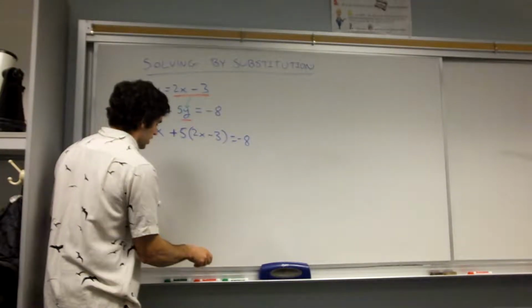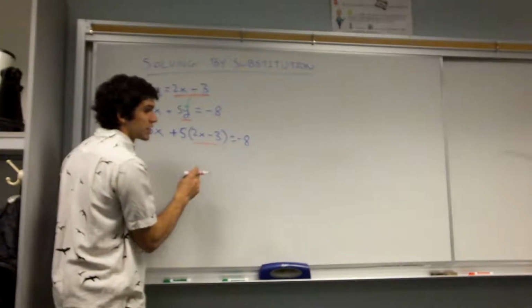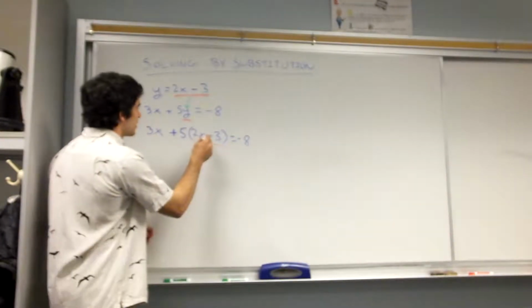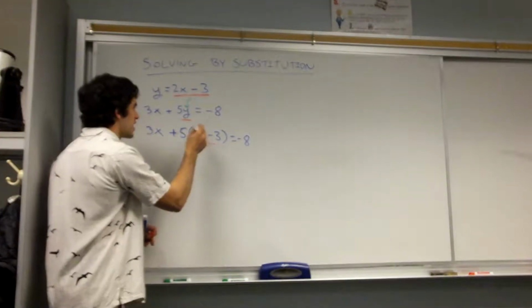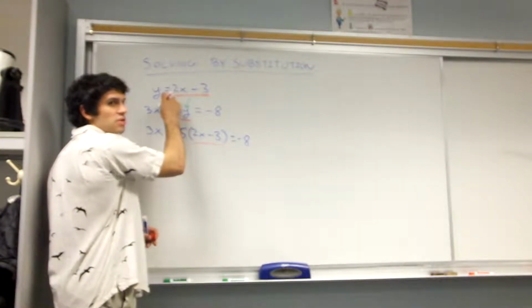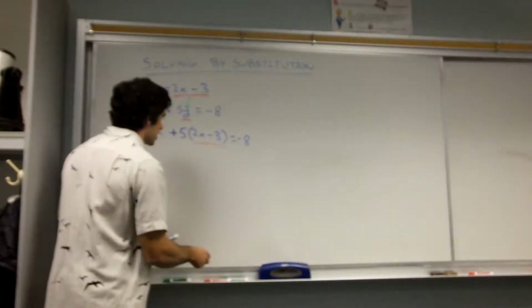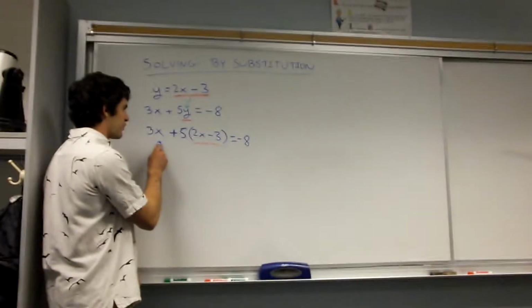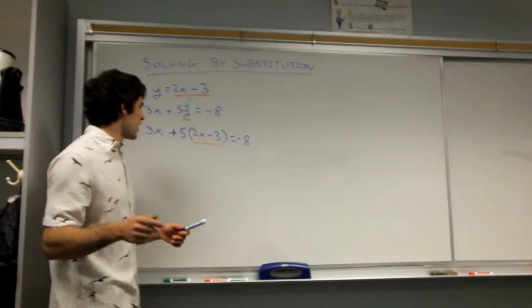So I'm just going to underline the 2x minus 3 in red to reiterate that this 2x minus 3 and this y are the same thing because of what we're given in this first equation. So now it's like magic. Suddenly we have one equation and only one variable. And we can solve for that, right?